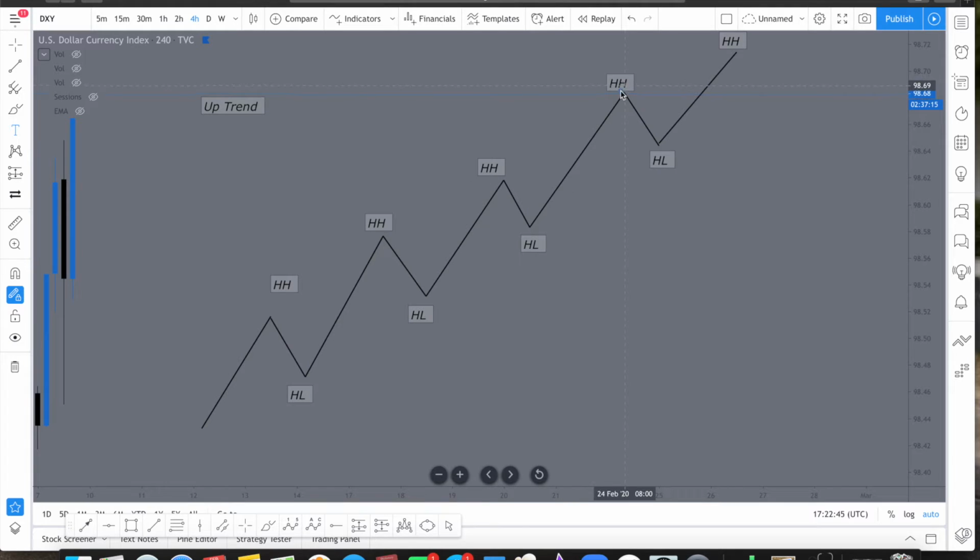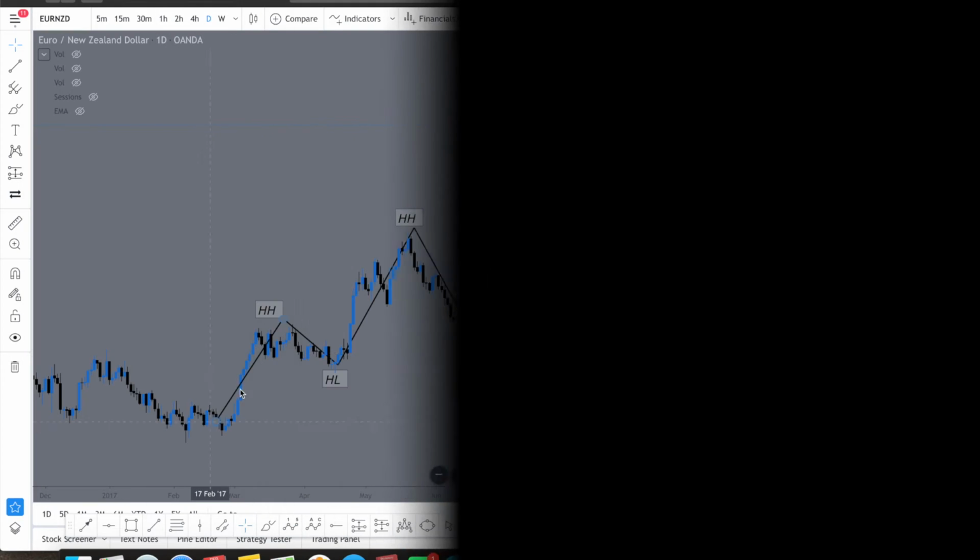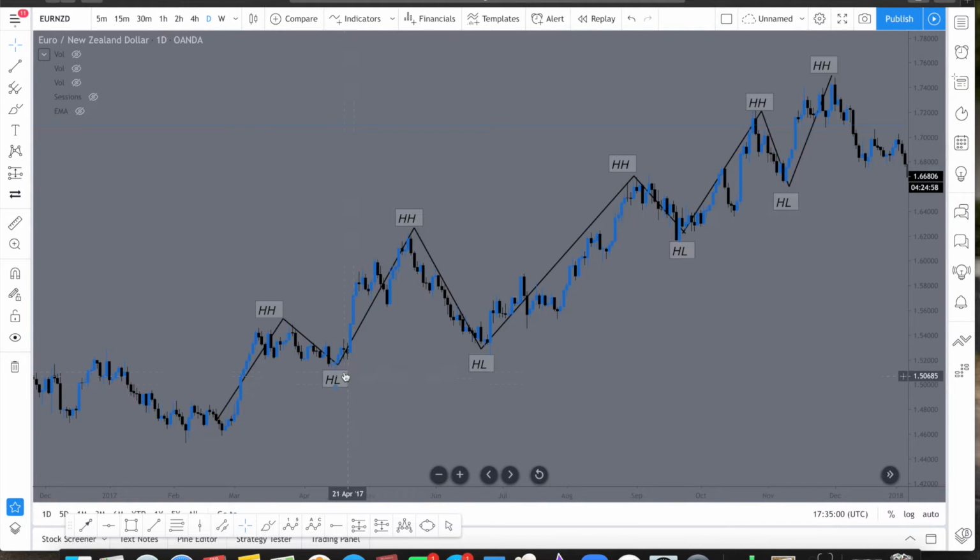The same reason this is called a higher low is because it's higher than the previous low.